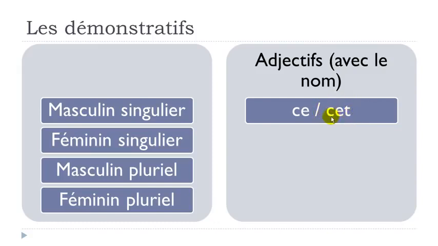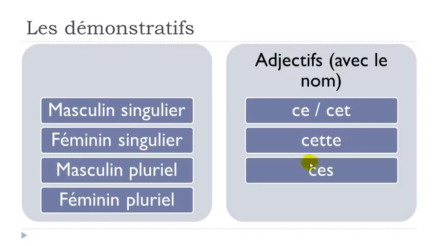And then the feminine form is cette, like that. It's quite interesting because if you listen carefully, the masculine form cet and the feminine form cette, you write them differently, but you pronounce them the same way. For the plural form, masculine plural, it would be ces, and then feminine plural, good news, it's the same.